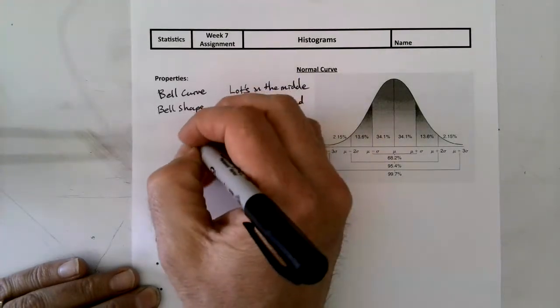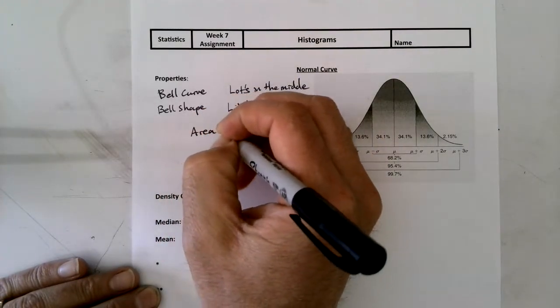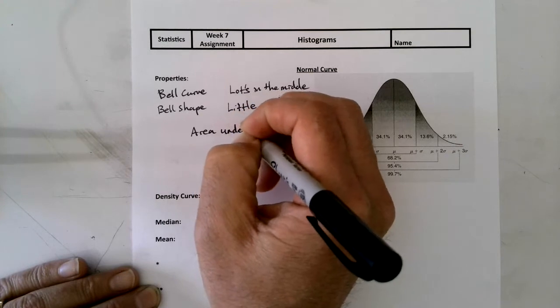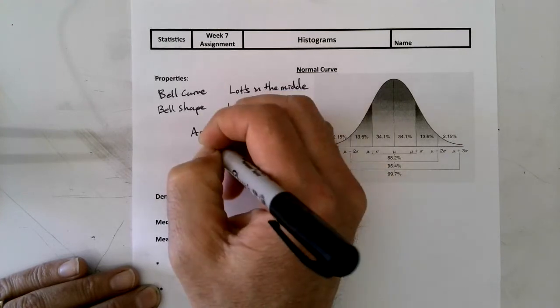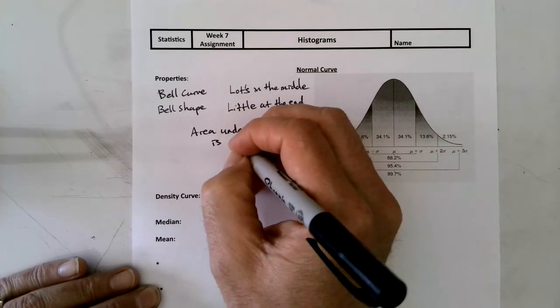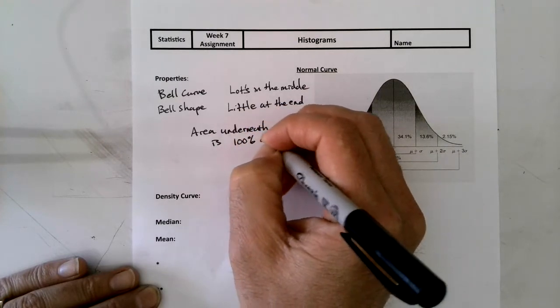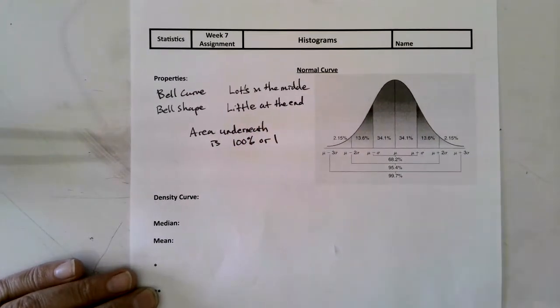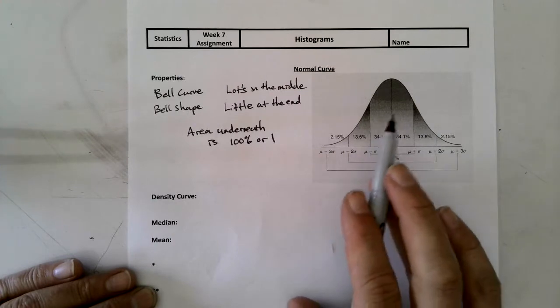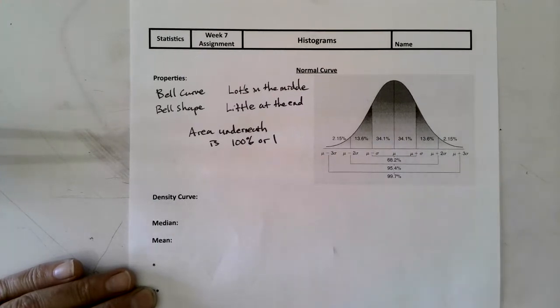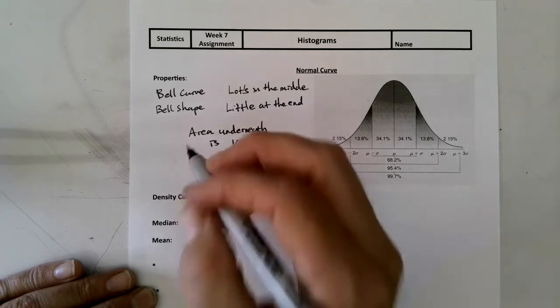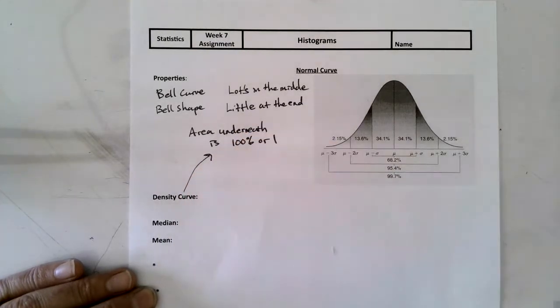The area underneath is 100% or 1. 100% is the same as 1. So if we looked at all the area underneath this curve, we would say that it is exactly 1. Okay. And that's actually what we refer to as the density curve.